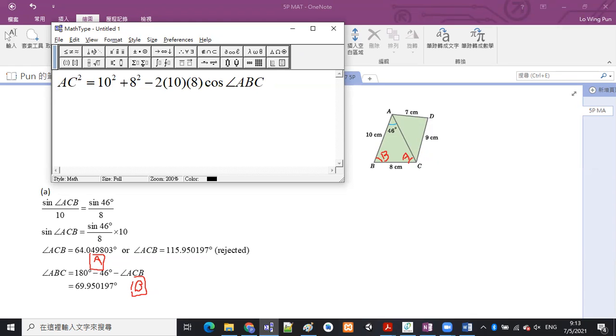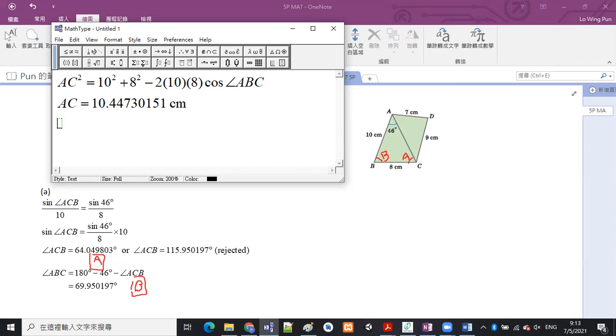And don't forget to take square roots here. So it should be 10.44 something. AC is 10.44730151 cm. Okay, and save this to memory C because that's not the last part.